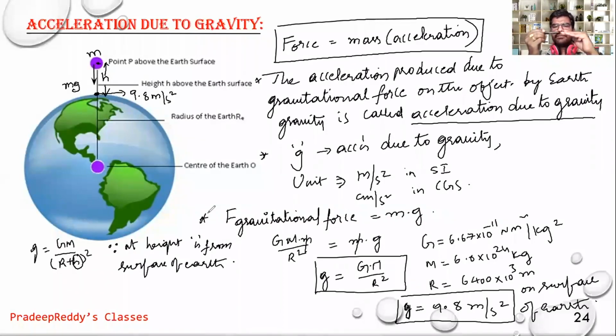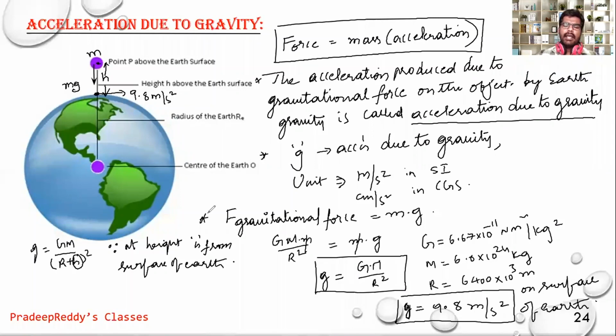Likewise, if you go deep into the earth, as the effective mass decreases, its value keeps decreasing. 9.8 becomes 9.7, 9.6, 9.5, and at the center of the earth it becomes 0.